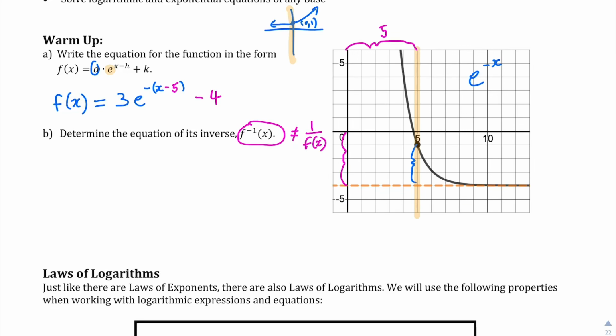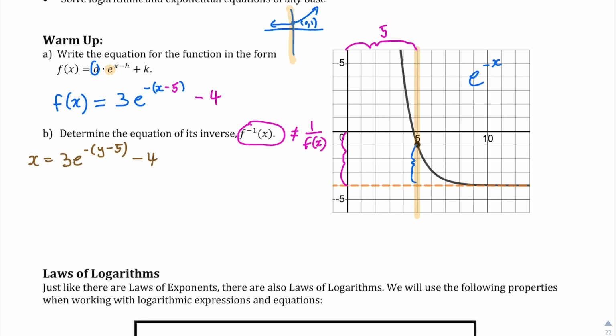Step number 1, and of course f of x equals is the same as saying y equals, so I'm going to begin by saying x is equal to 3e to the power of minus y minus 5, minus 4. First things first, I've substituted in my y value for x and my x value for y.